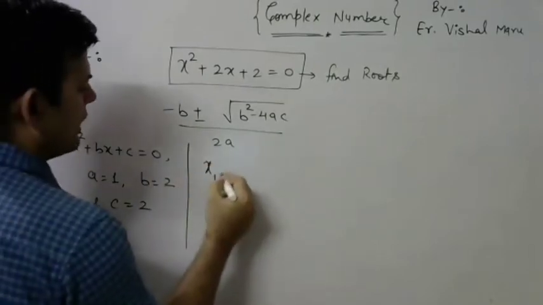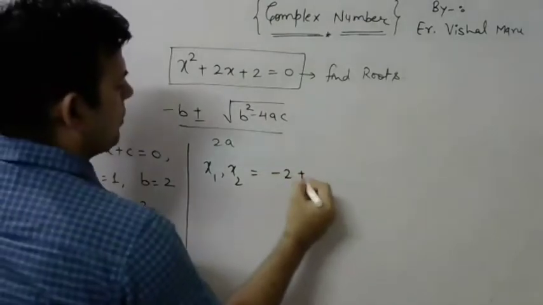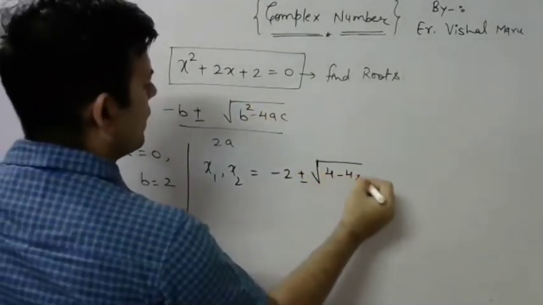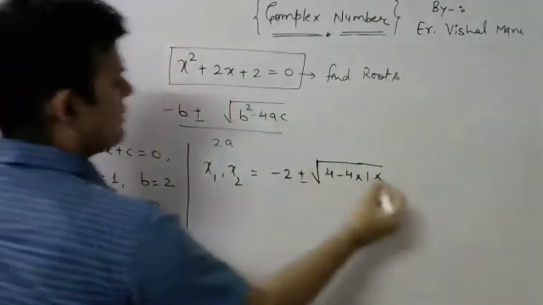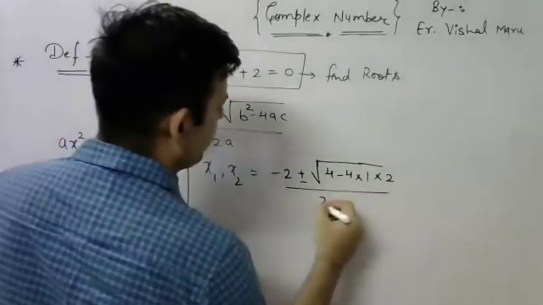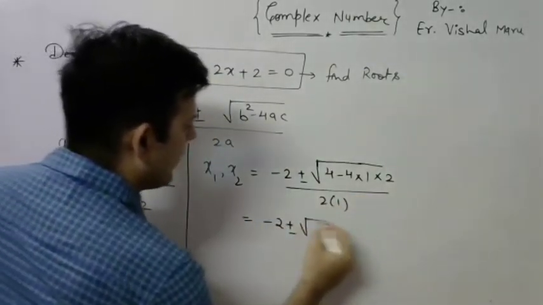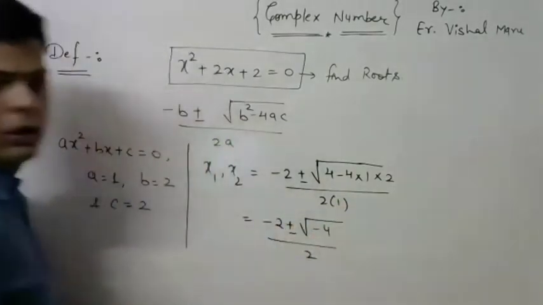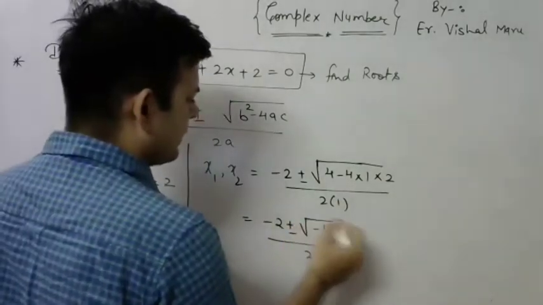So x1 and x2 are the two roots, which will be minus 2 plus minus root of b square, that is 4, minus 4ac, where a is 1 and c is 2, upon 2a. Simplifying this, I will get 4 minus 8, that is minus 4, upon 2. Then I have got a minus sign inside the root.